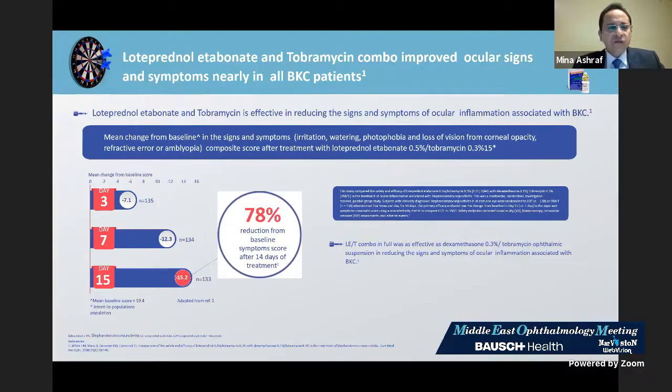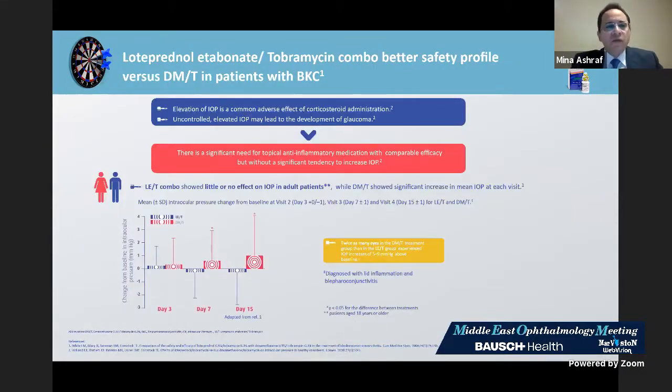So in terms of efficacy, Xylet was comparable to dexamethasone tobramycin treatment, and both achieved the 78% reduction over 14 days of treatment. However, in terms of safety, Xylet with the loteprednol and tobramycin combination achieved a better safety profile compared to dexamethasone tobramycin in patients with blepharokeratoconjunctivitis.